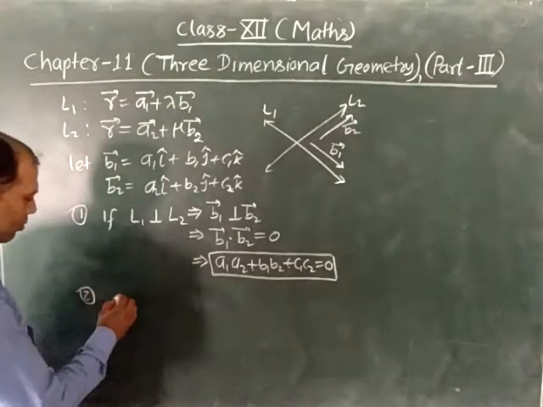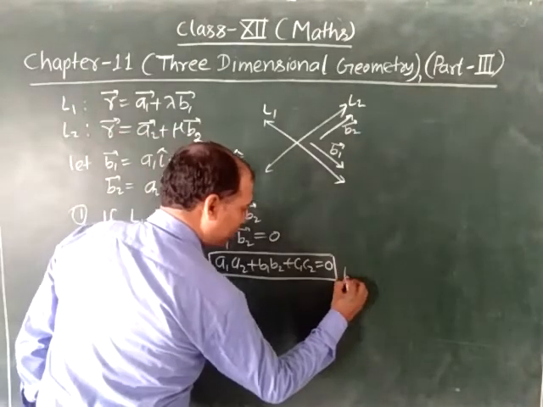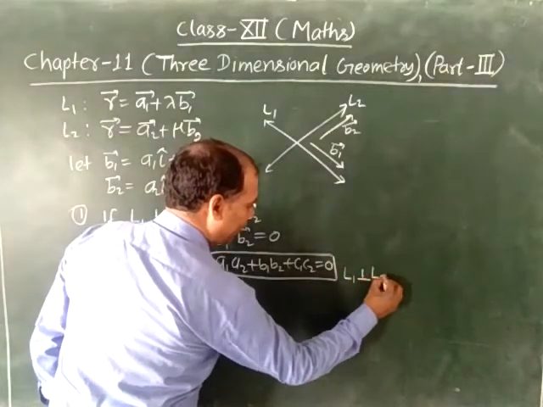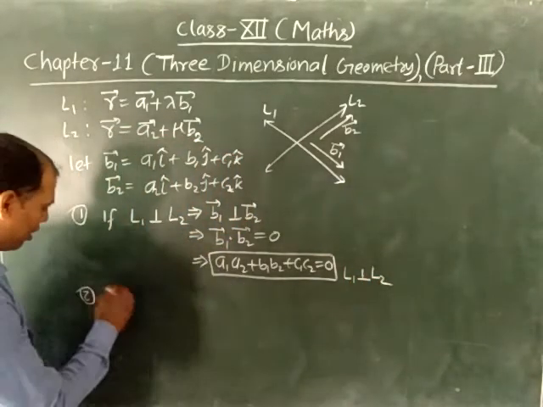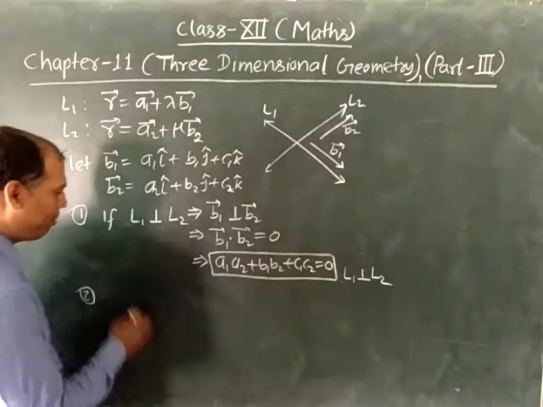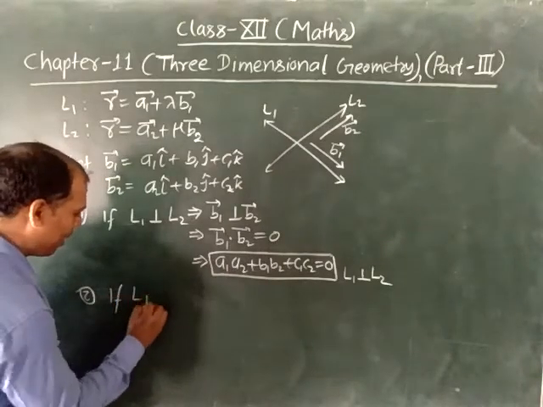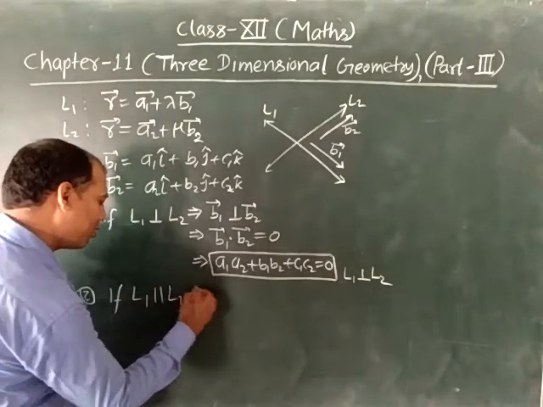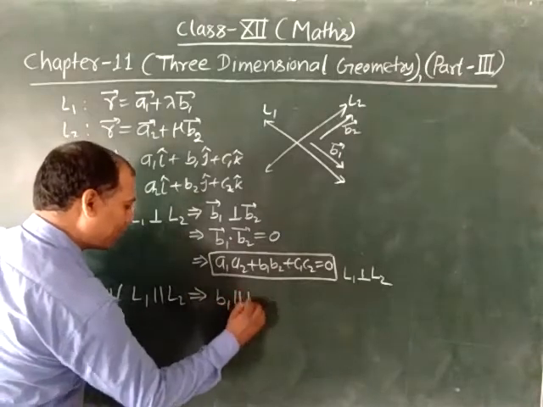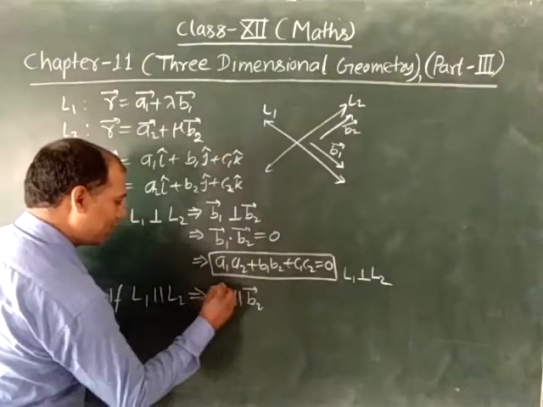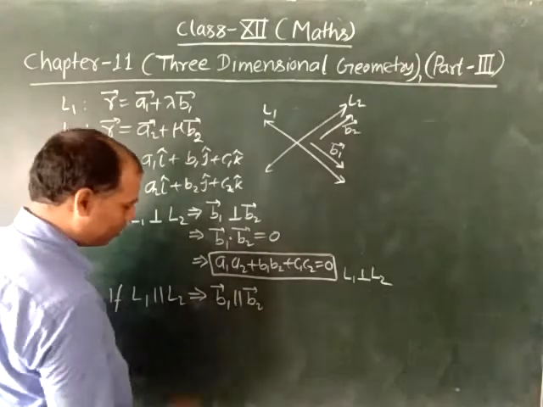Now for parallelism, if L1 is parallel to L2, that means vector b1 is parallel to the vector b2.